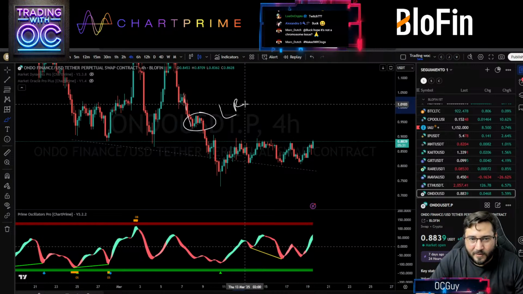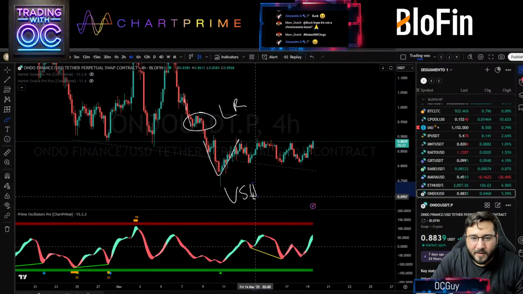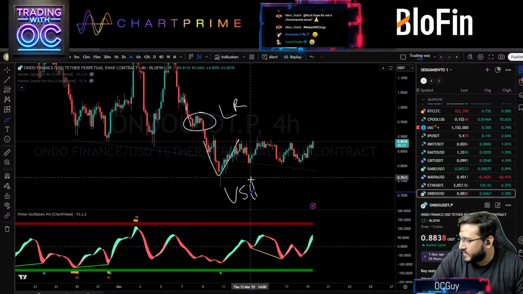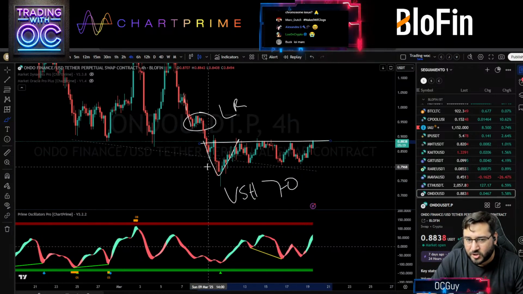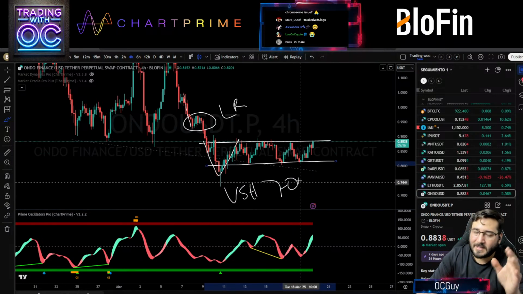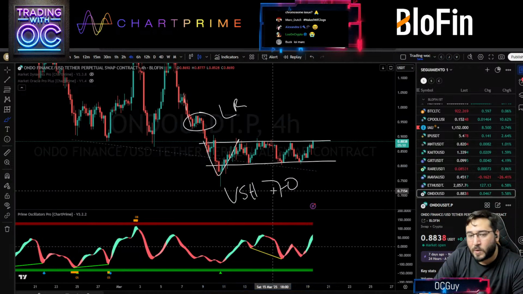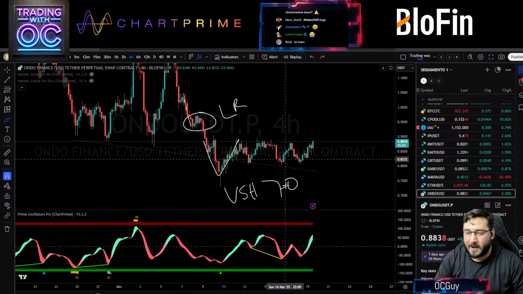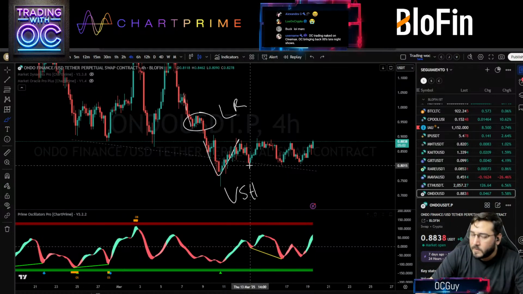Then little range, then V-shape recovery. This gives us what? 70% chances of ranging, and we ranged. You see, this is exactly what's happening with Bitcoin. So it's not perfect. So that's why we're not aiming at the 70% chances of ranging. We're aiming at 50, 65% of ranging, and we're ranging, right?